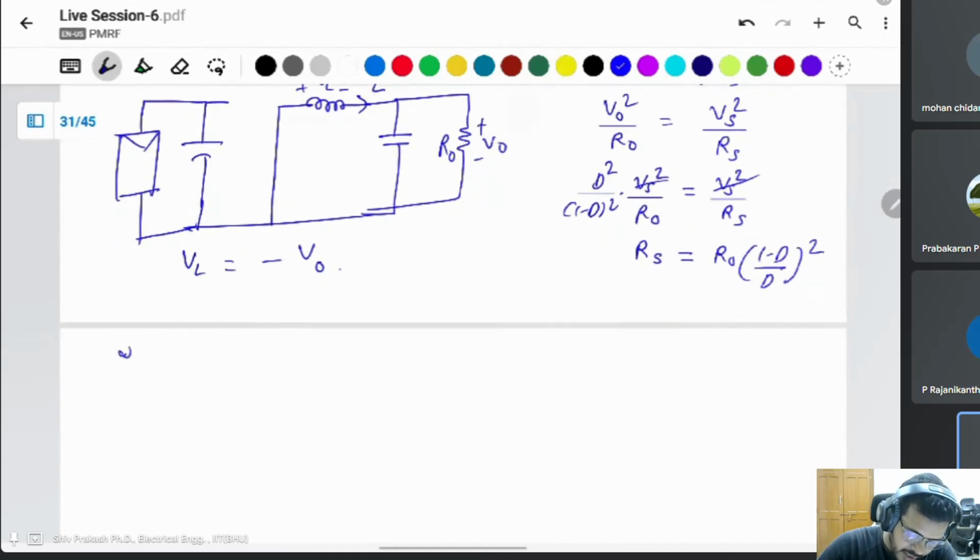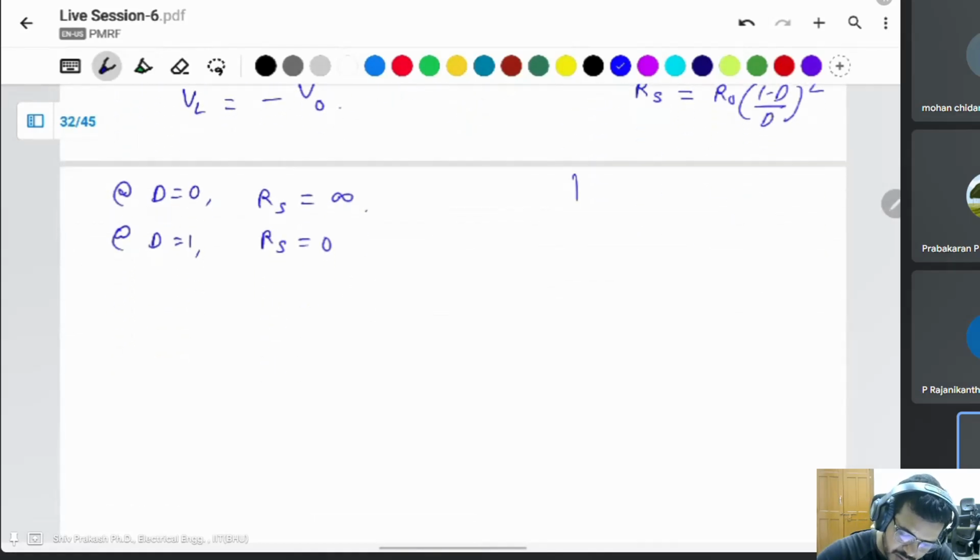Same thing: at D equal to 0, Rs will be infinity, and at D equal to 1, Rs will be 0. Infinity to 0 means open circuit to short circuit.